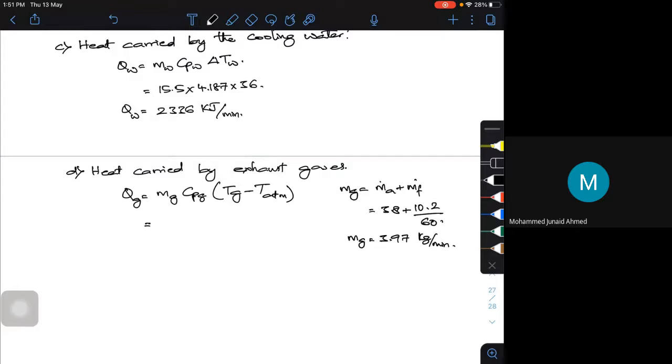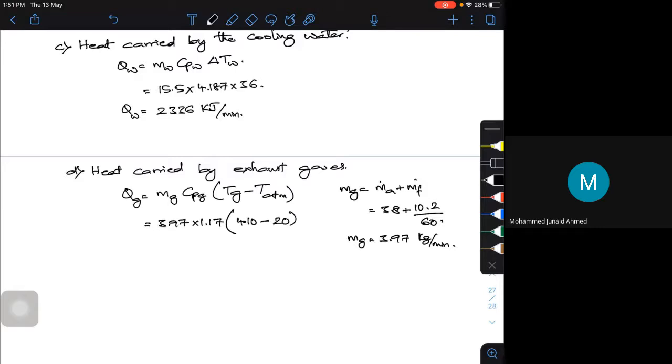So let's substitute here. This will be 3.97 into Cp of exhaust gases, which they have given as 1.17 kilojoules per kg K. If you put it directly, you are getting kilojoules per minute. So into T of gas, which is 410 minus 20.